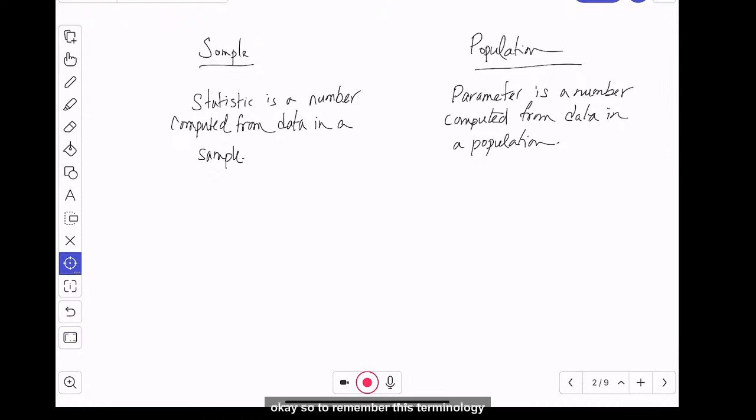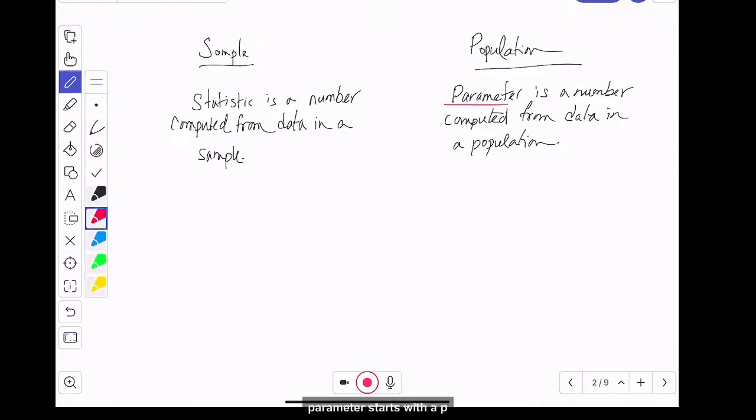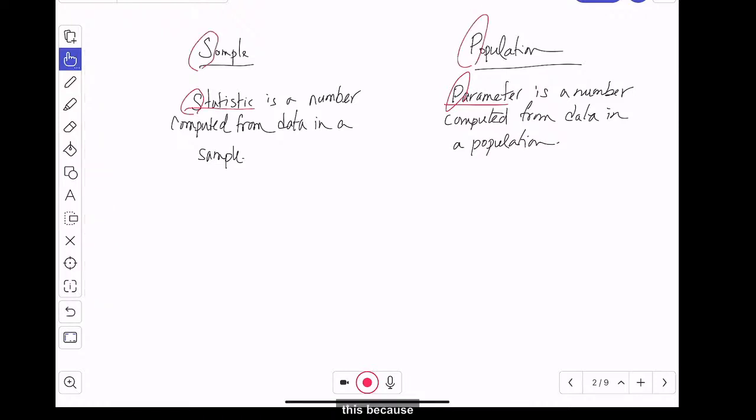To remember this terminology, parameter starts with a P, and population starts with a P, and statistic starts with an S, and sample starts with an S. I'm saying this because people use the term parameter quite loosely, and it's very specific in statistics. It refers to the possibly unknown characteristic of a variable.